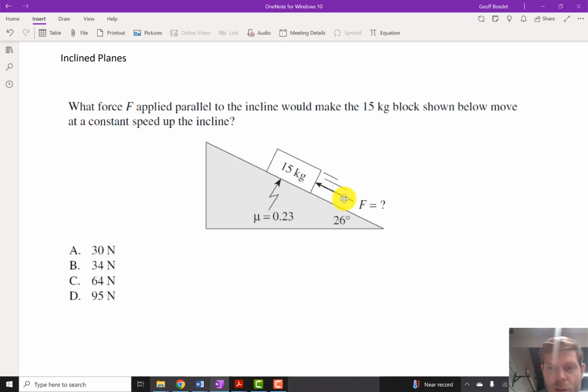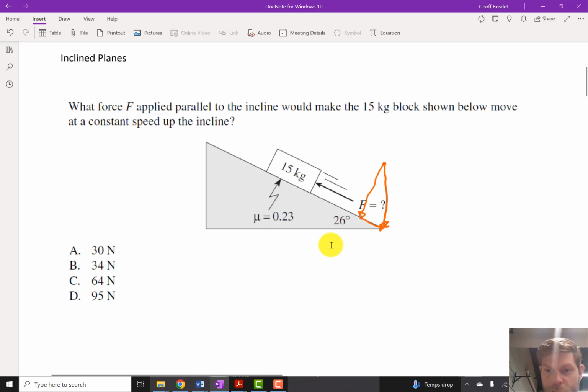Now, my favorite way to deal with that is to draw it right here. So I'm going to use gravity as the hypotenuse, and I am going to break it into an into the slope and down the slope component. Actually in this one I'm going to need both. So perfect, this is a more complicated question.